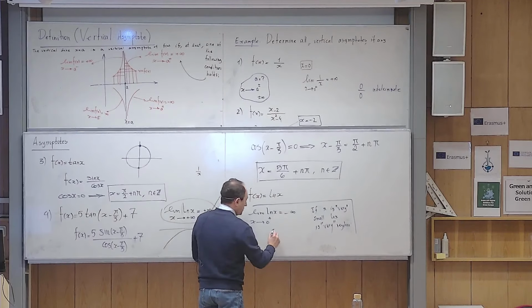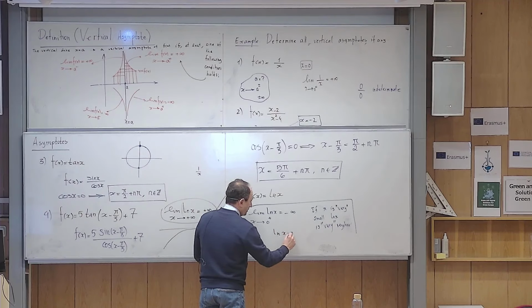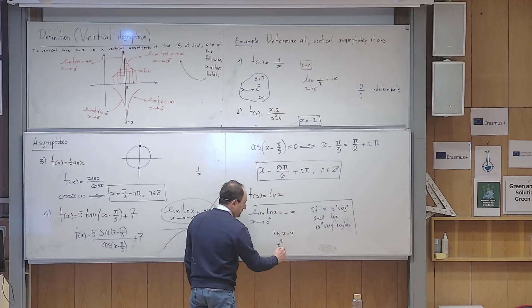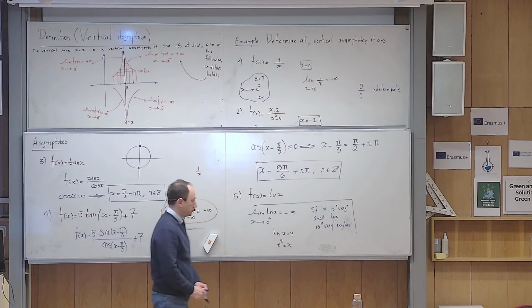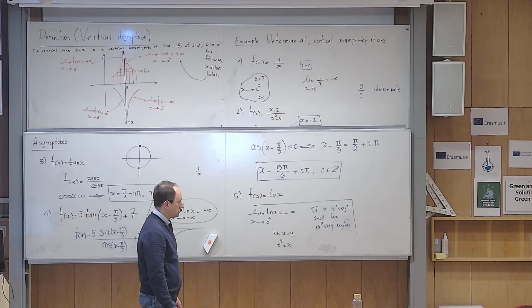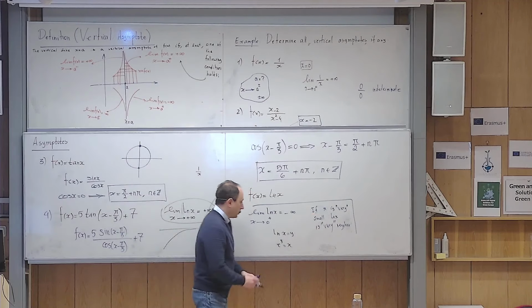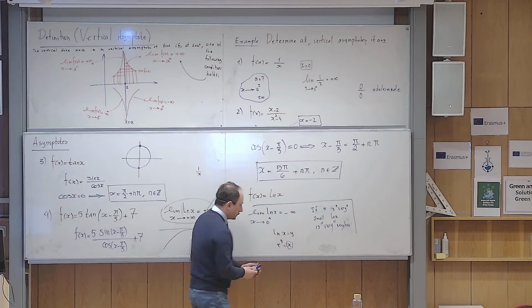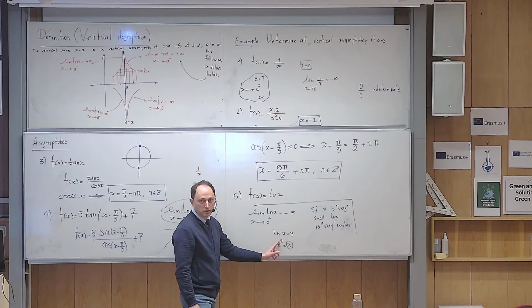Let me call ln of x equal to y. From this, I can say e to the power y is x. So x is very small. You are supposed to make x, the output, very small. What do you choose for y?